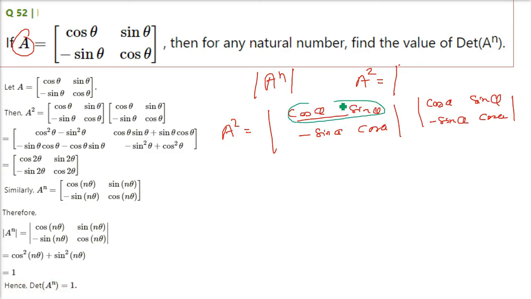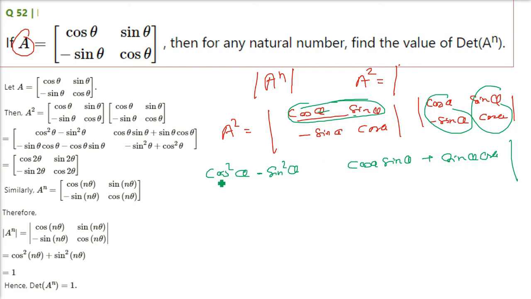First row and first column: cos square theta, and then minus sin square theta here. We'll add them, since we have the negative sign. Then first row with the second column: what do you get? Cos theta sin theta plus sin theta cos theta.